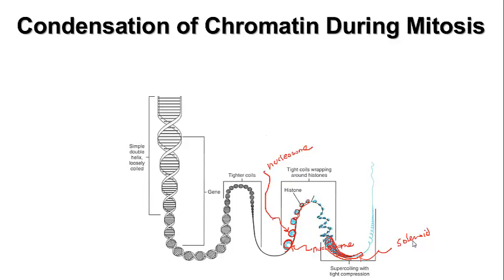The solenoids are then wrapped into these big loops. And this is the form of DNA as you have it in chromatin.